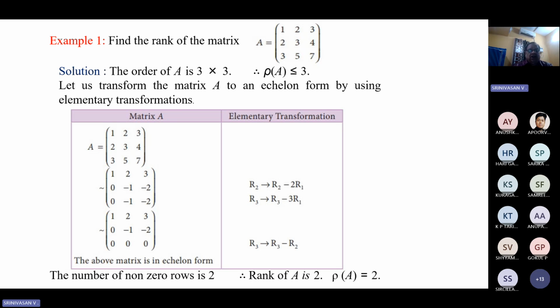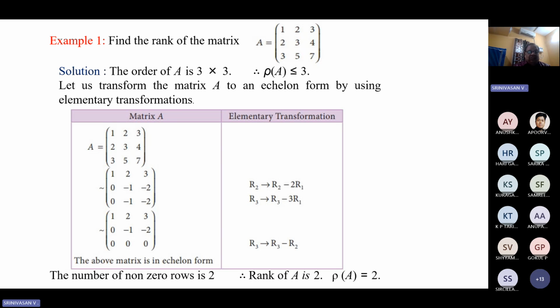So here, this should become 0, meaning 2 minus 2 into 1 is 0. So you fix that, and that operation you do for every element of the second row. That is what we mean by elementary row operation, being done for the second row. So R2 arrow, the new R2 is obtained from this operation: existing R2 minus 2 times R1.